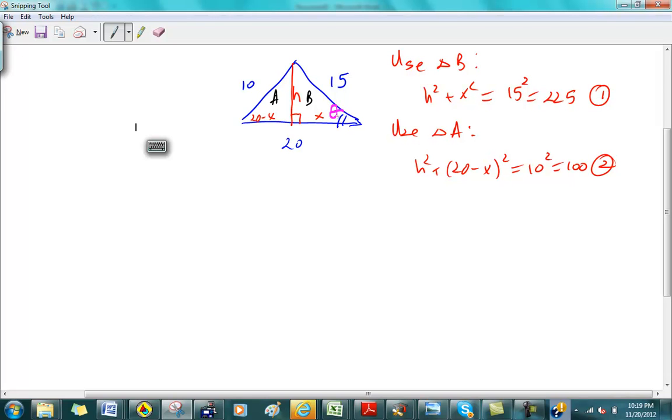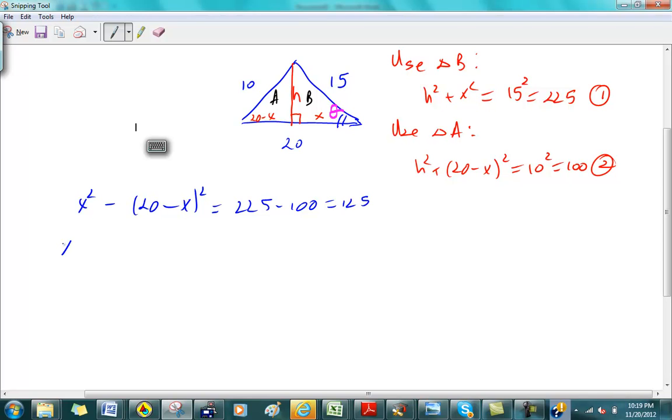Once I know h and x, then I can get angle theta from tangent. So what I want to do first is subtract the second equation from the first. If you do that, the h squareds cancel out, and that leaves you with x squared minus (20 minus x) quantity squared is equal to 225 minus 100, which is equal to 125.